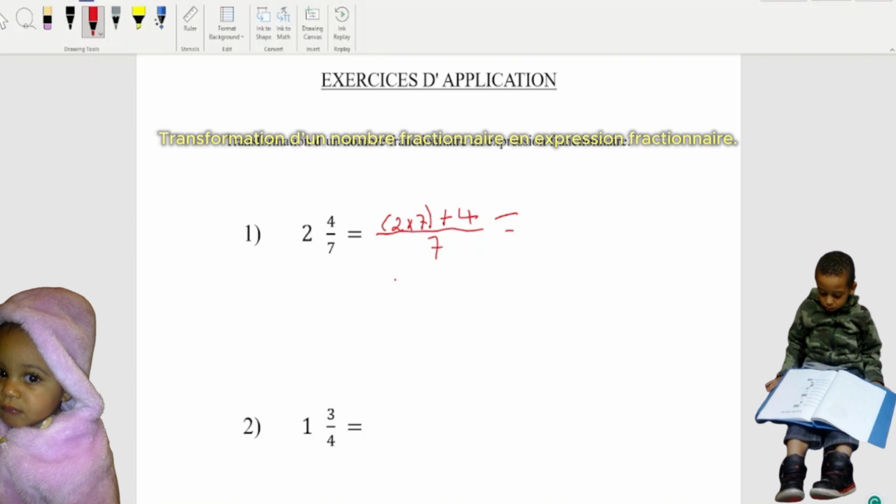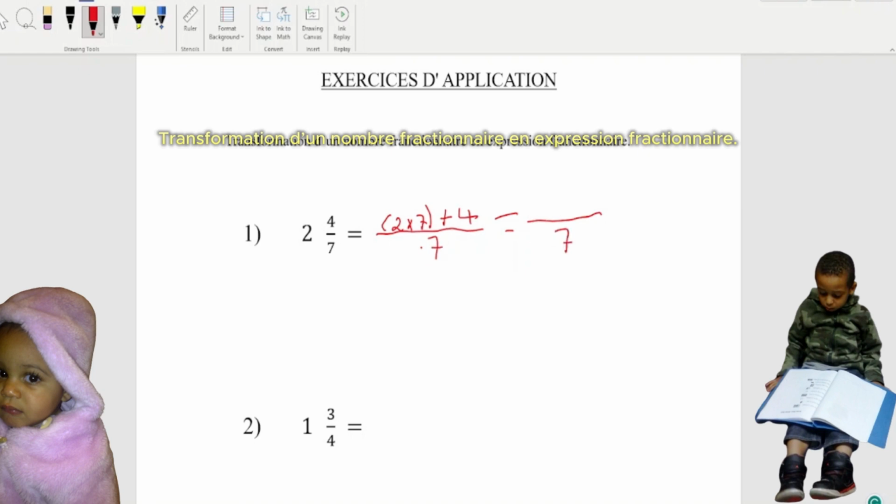Now the first thing we're gonna do next is we're gonna multiply this one. 2 times 7 equal what? 14. So in case you don't get it, I'm gonna rewrite it that way. And then don't forget this, we put this 7 right here.